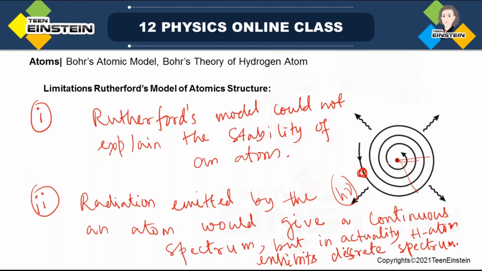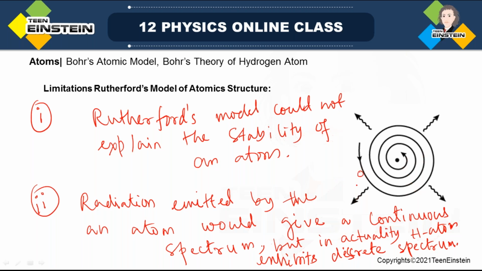And that's how there will not be any stationary orbit, or there will be no atom as such. Okay, this is called the instability of the orbit. So it cannot explain the stability of the atomic structure or the stability of the orbit.